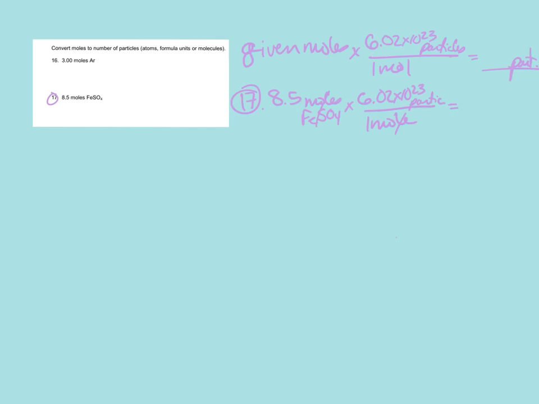And then, paying attention to sig figs, we get 5.1 times 10 to the 24th particles. And since we're looking at iron 2 sulfate, which is an ionic compound, our type of particle specifically is going to be formula units. If we had done 16 and we were talking about argon, it would be atoms. If we had done a different one and it was a covalent compound, it would be molecules.